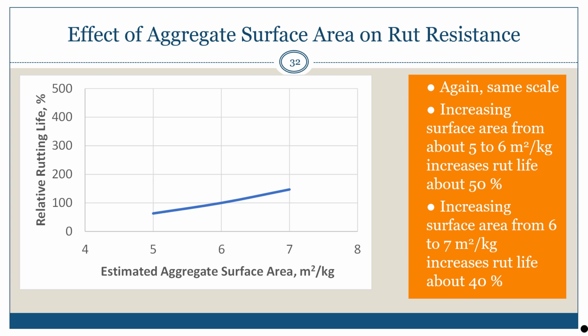It's significant, but not unreasonable. So that's something to keep in mind if you want to improve your rut resistance. The nice thing about increasing your aggregate surface area or mineral filler content is it won't tend to degrade your cracking resistance. So it's something that's good to look at, especially if you're fairly close to passing that rutting test.